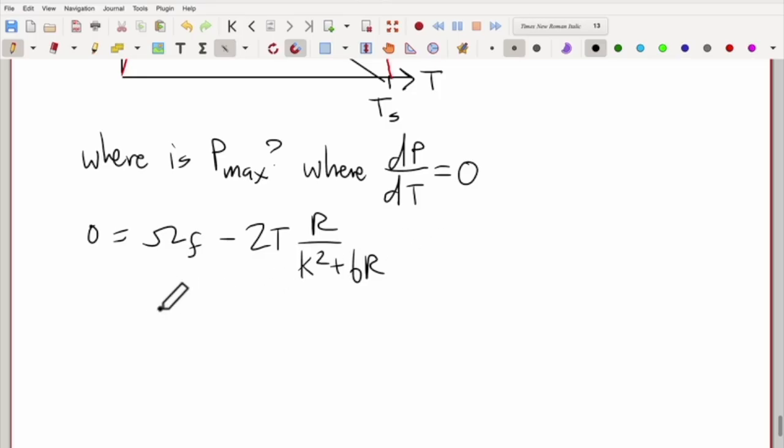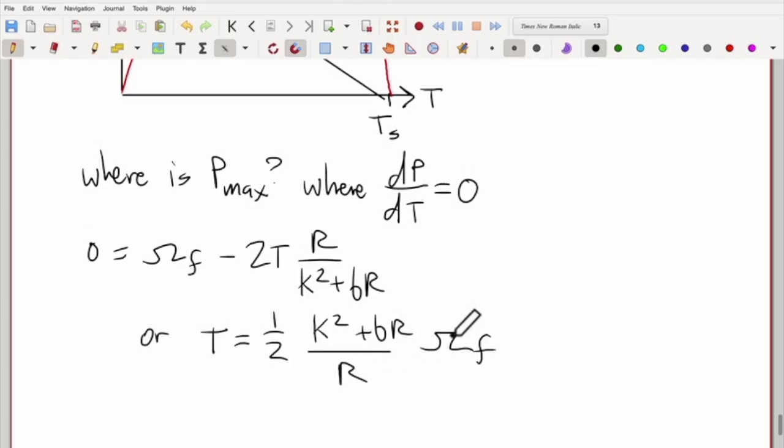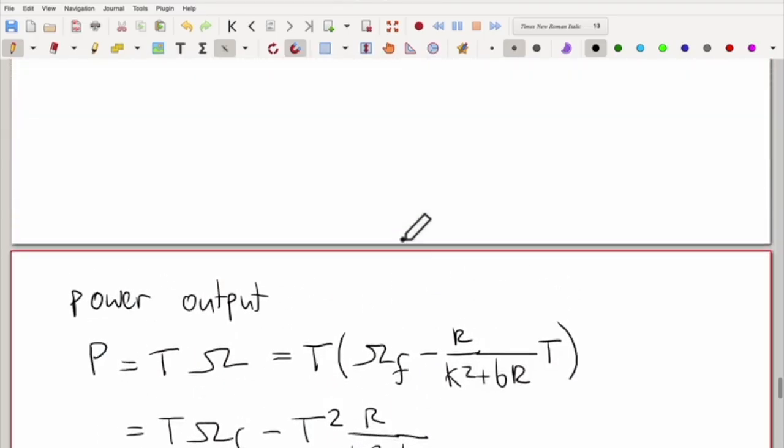So we get that T is equal to 1/2 this K squared plus BR over R times omega F. So some factor times omega F. And it turns out if you look at what this is, let's see if we've got anything else up here.